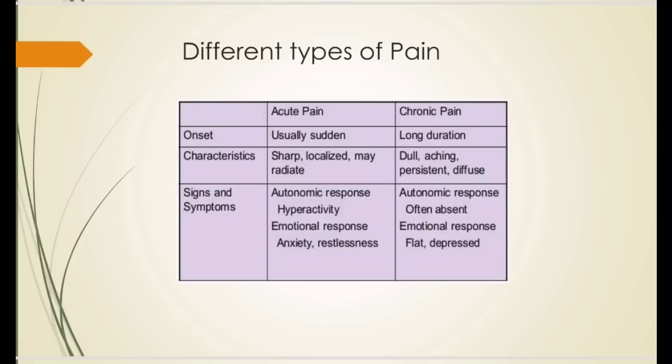And diffused means that it's usually a large area. If it's the ankle, if it's chronic ankle pain, it's usually the whole ankle which hurts. If it's lower back pain, it's usually not just one muscle or one joint, but a whole area, okay? So that is how you describe chronic pain, alright?